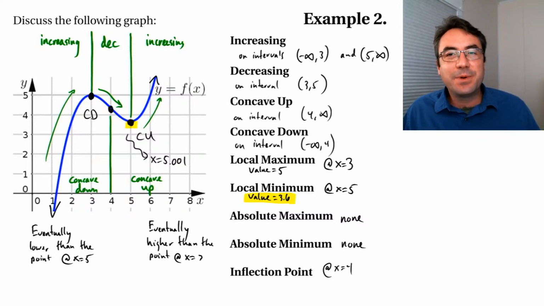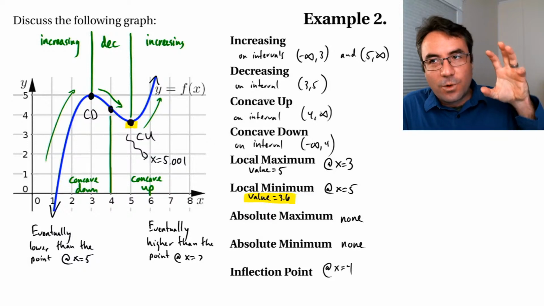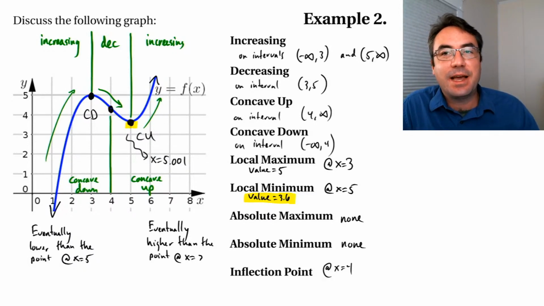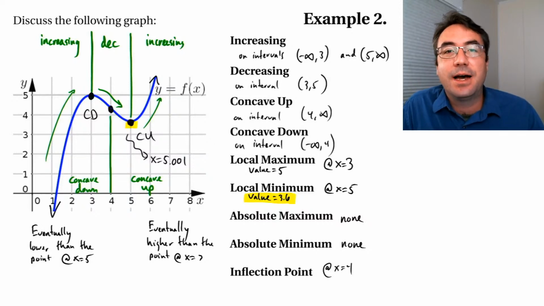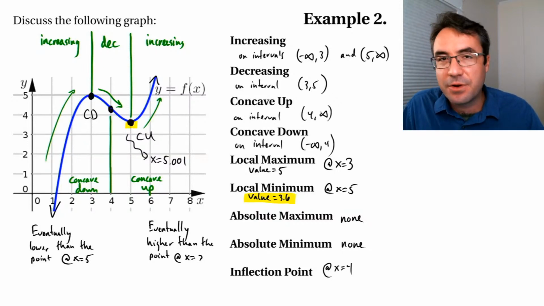So everything that we're reading off of a graph is in some way an estimate. We're going to see how to actually calculate these values exactly later on once we start working with the actual functions. Right now we're just reading graphs, so everything that we're doing is an approximation.